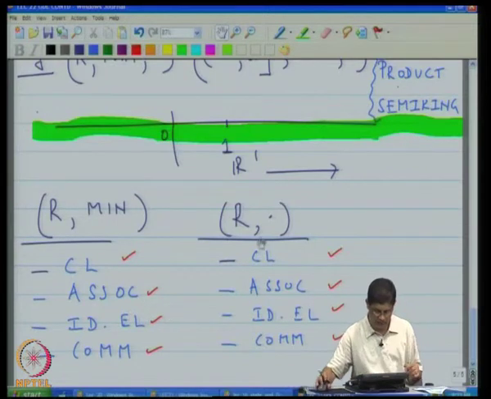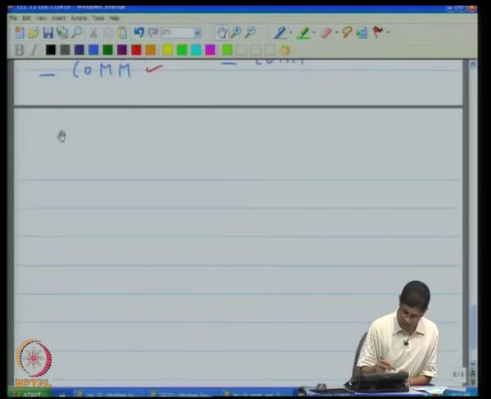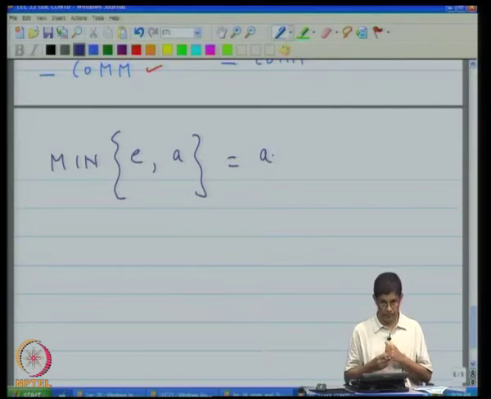The identity element: what would be the identity element? What we are looking for is an element E having the property that min of E and any element will give you back that element. Okay.